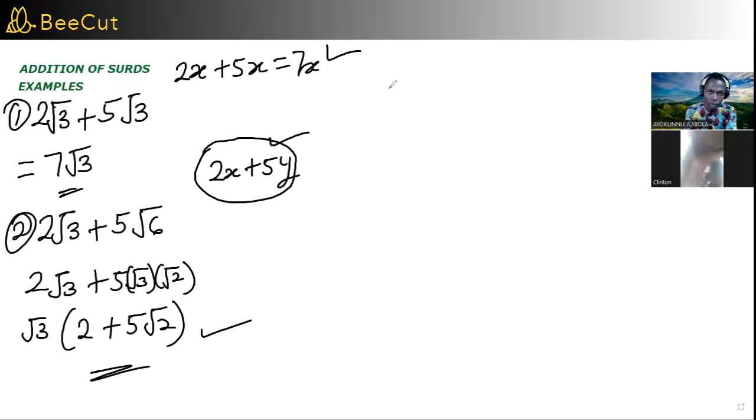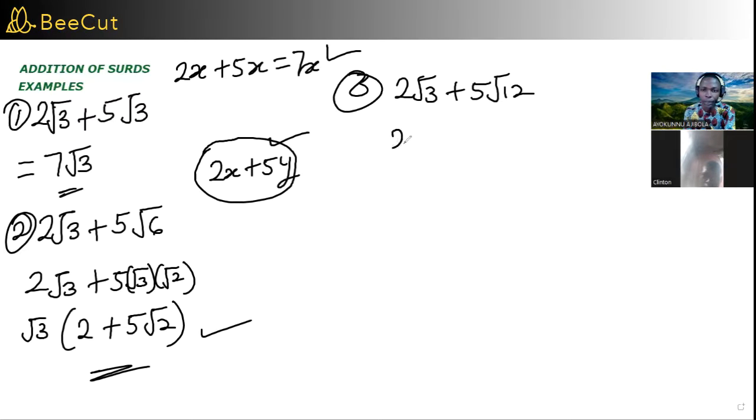Now number 3. So you can see the principle we are using in surds is the same thing as the principle we are using in the other mathematics. So 2 root 3 plus 5 root 12. So we have 2 root 3 plus 5 root 4 times 3.